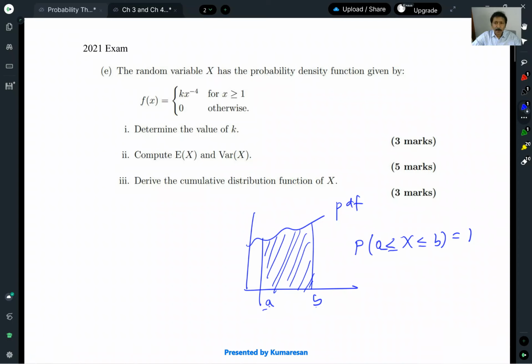So when you find the probability using a probability density function, the probability is calculated by finding the area under the curve, and to find the area under the curve we use integration.